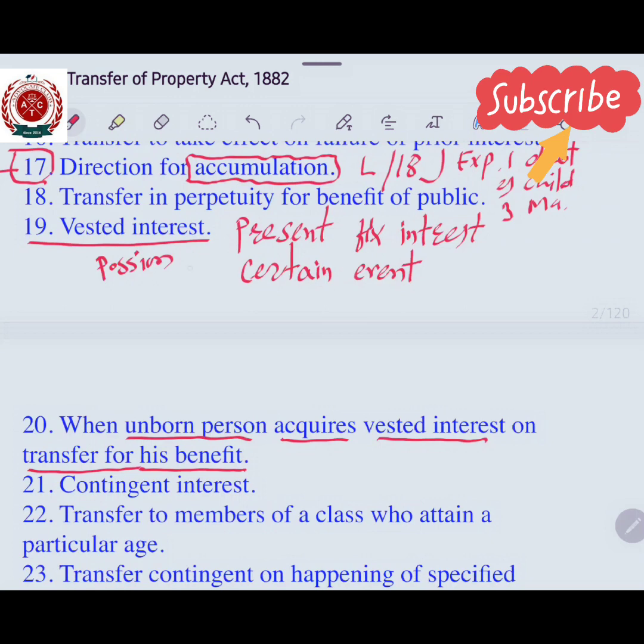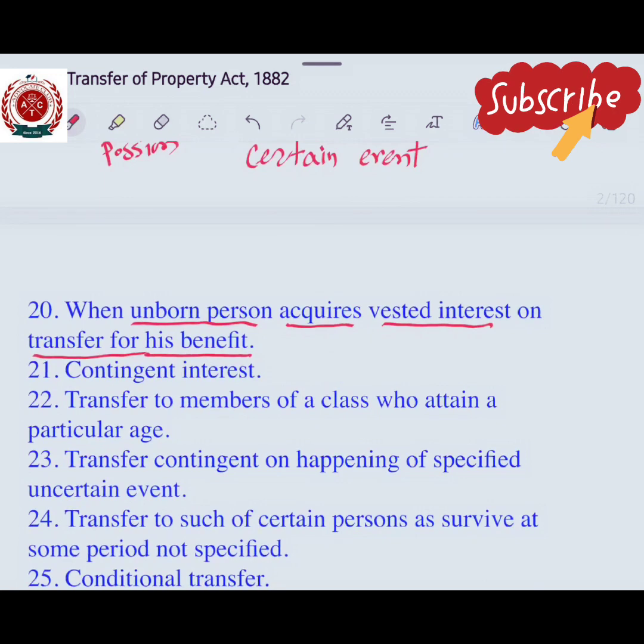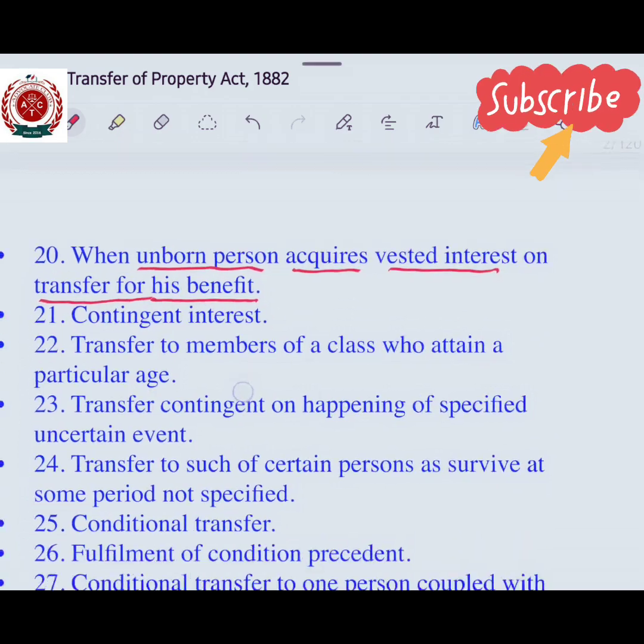Therefore, it is a present fixed interest. So the death of the transferee does not defeat the right. If the transferee dies, then the legal heirs also acquire the right to that property; it does not revert back to the transferor or original owner.